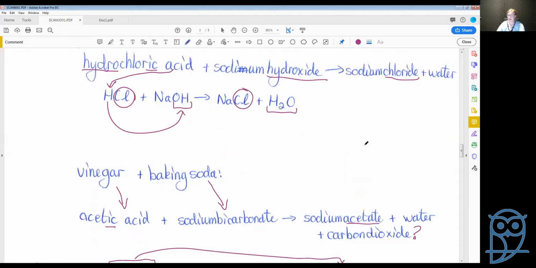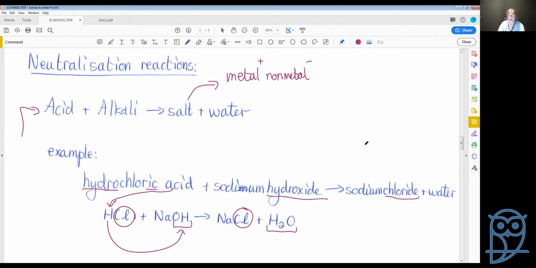So what do you guys need to know in terms of this? You guys need to know this equation. This equation is what you guys need to know. You guys need to know the general equation of each of these things. Then you guys need to know the naming conventions that I went through the other day in terms of what happens.